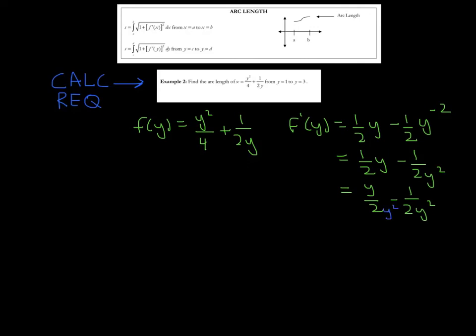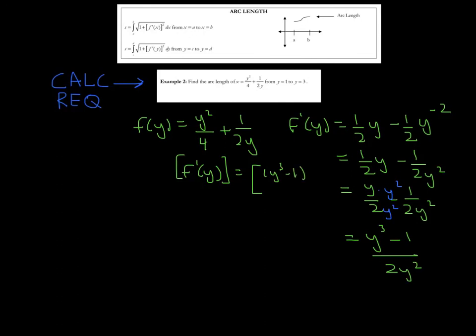And that's going to give us y cubed minus 1 over 2y squared. And that is f prime of y. So if we square that, f prime of y quantity squared is y cubed minus 1 over 2y squared, all squared.